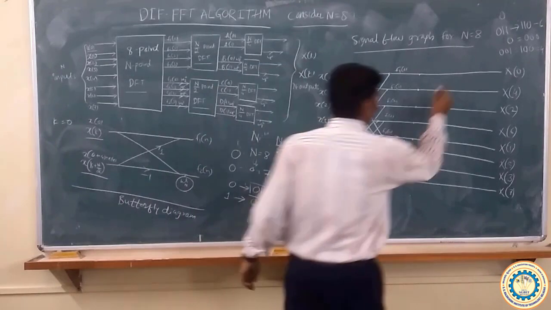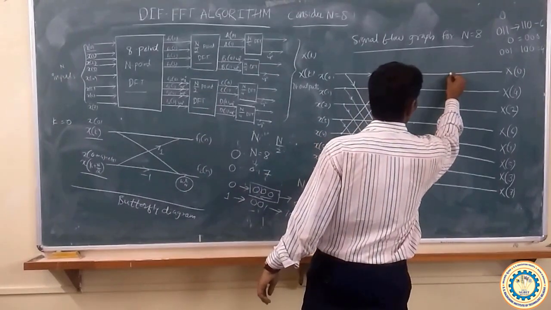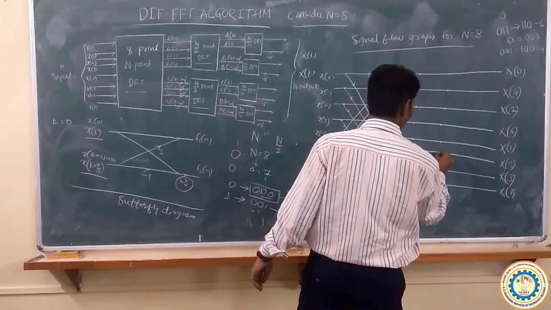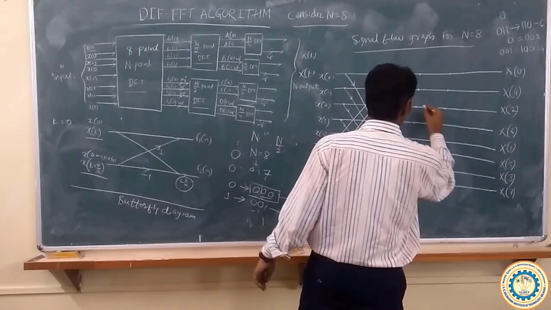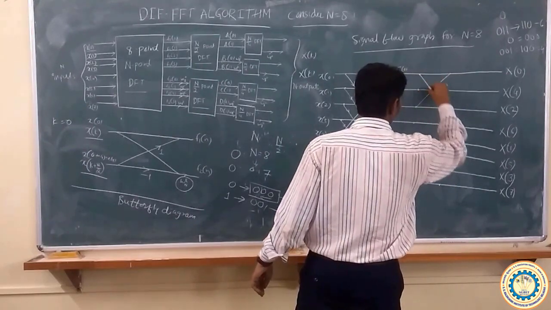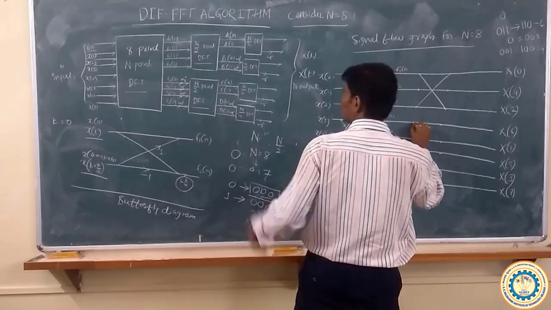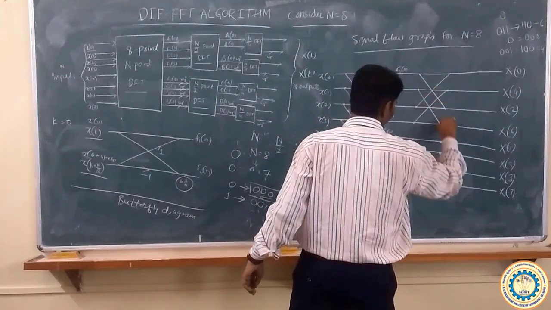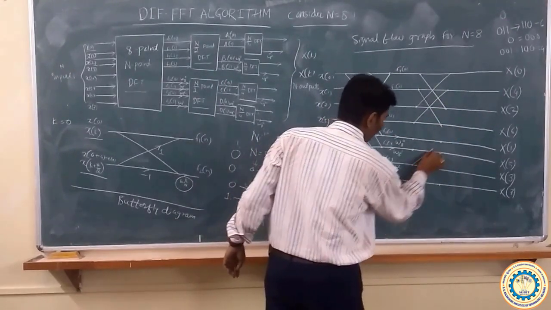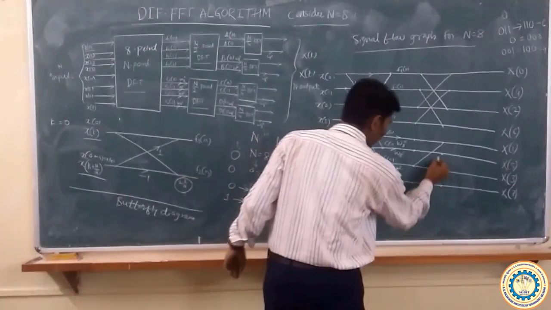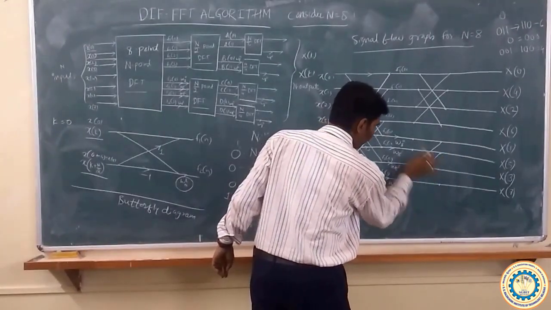Likewise, this is the first butterfly diagram in case of the N by 2 point DFT. This is the second butterfly diagram. Similarly, this is one butterfly diagram for the N by 2 point DFT, and this is another.